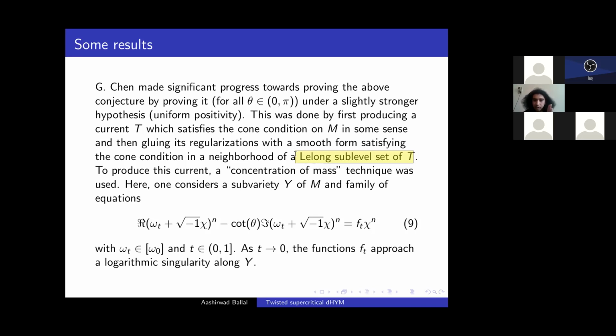But if it's smooth, you get a form on the subvariety which satisfies the Cohen condition, and it's not hard to extend this to a neighborhood of that subvariety, and once you have that, you can glue that with the current T. Roughly, that's how he did it.